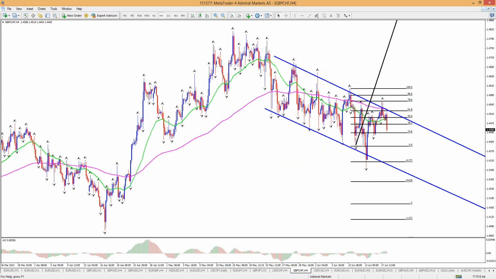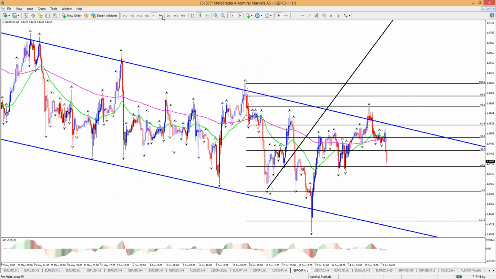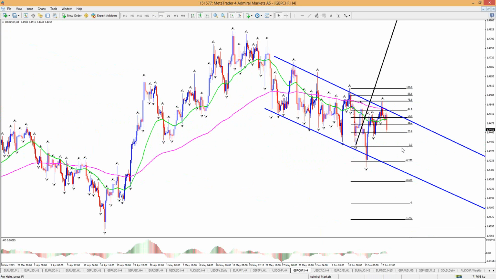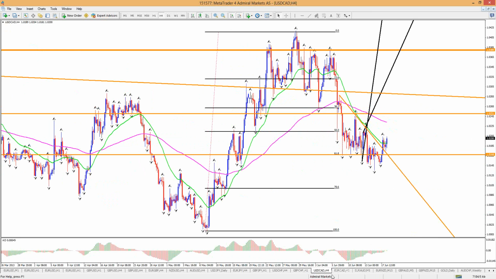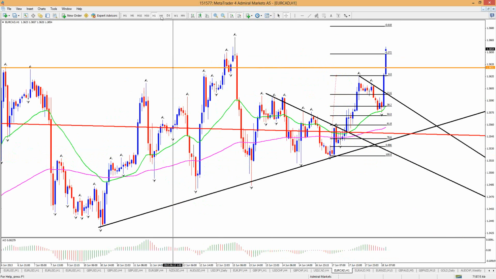Let's see. Pound Swiss already broke, actually. Similar here, but that happened already 2 hours ago. CAD, nothing.